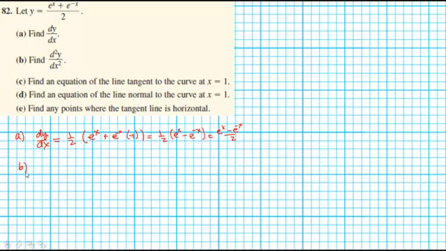In part B, we're going to take the second derivative of this. We'll take the derivative with respect to x of dy/dx, which is the derivative with respect to x of (e^x - e^(-x))/2. Again, we'll pull the 1/2 constant out and look at the derivative of this.